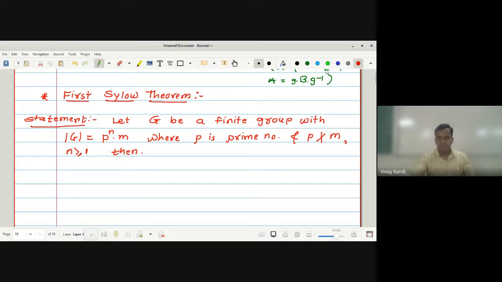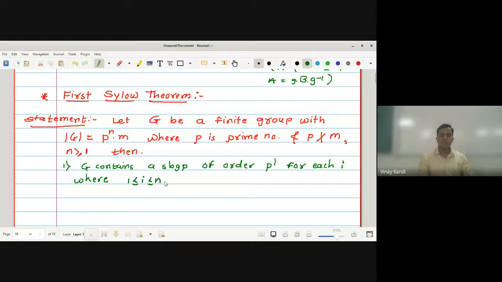First, what is the first? Then first, G contains a subgroup of order p raised to i for each i, where i is running from 1 to n.